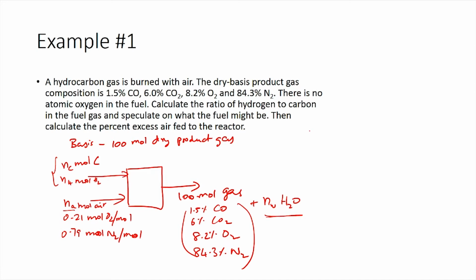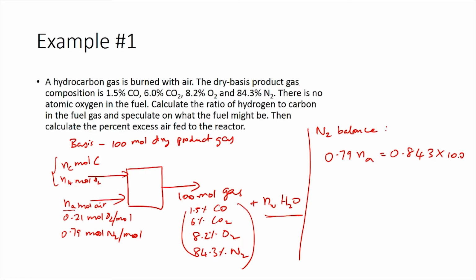The first simple balance equation we can write would be the nitrogen balance. When we write the nitrogen balance, it is 0.79 times NA, which is the number of moles of air, will be equal to 0.843 times 100.